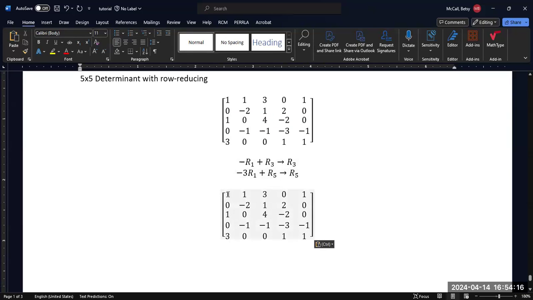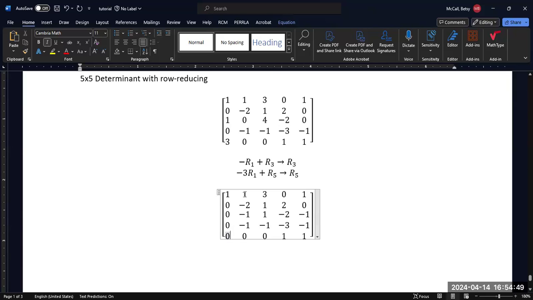Now, minus 1 plus 1 is 0. Minus 1 plus 0 is minus 1. Minus 1 times 3 is minus 3, plus 4 is 1. 0 doesn't do anything. Minus 1 plus 0 is minus 1. And then in the bottom one, 1 times minus 3 plus positive 3 is 0.